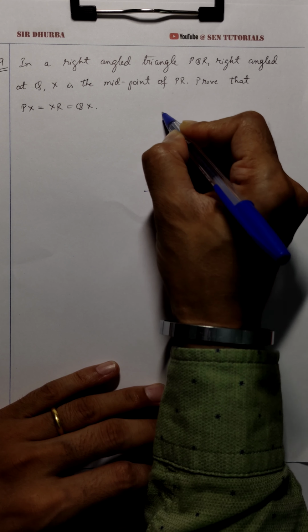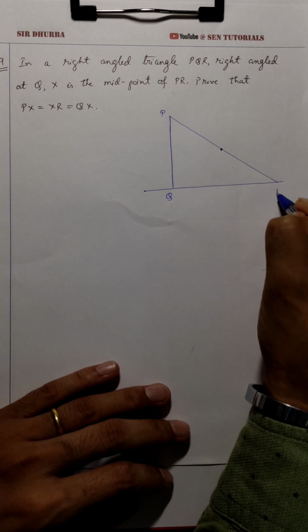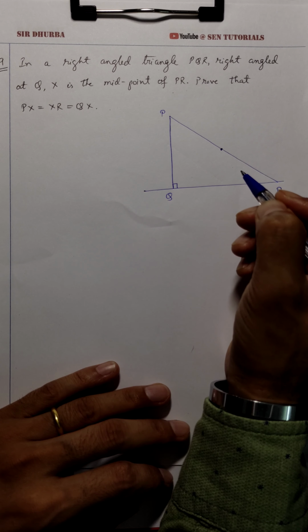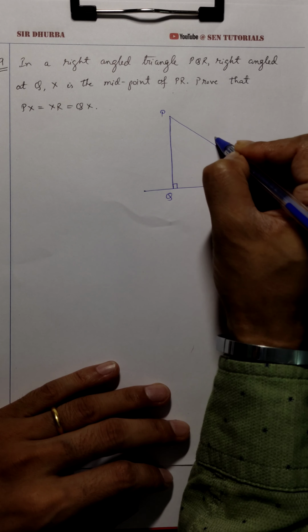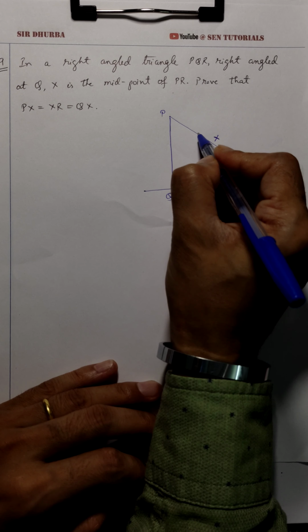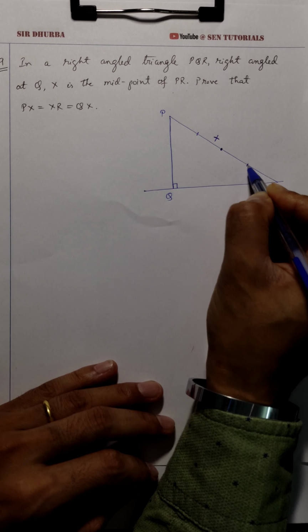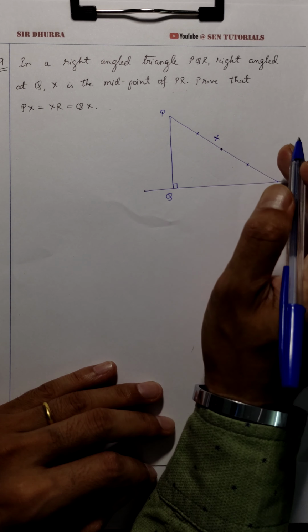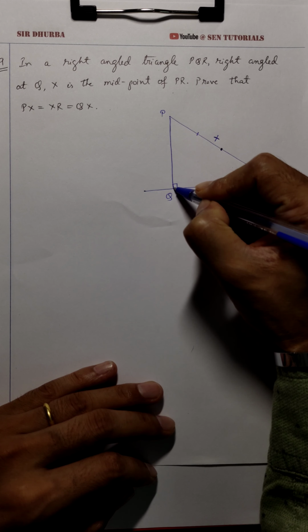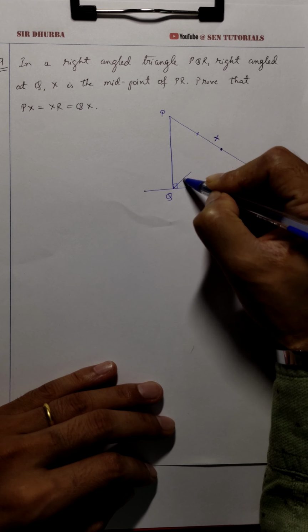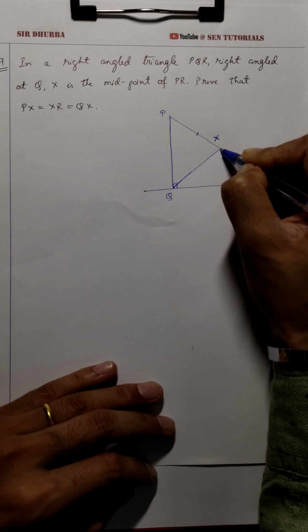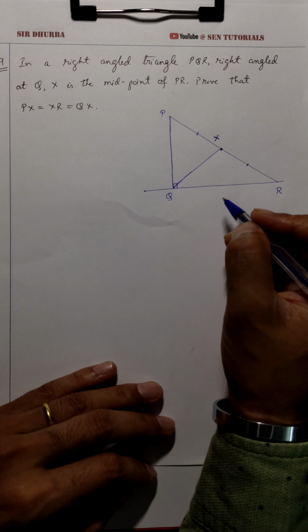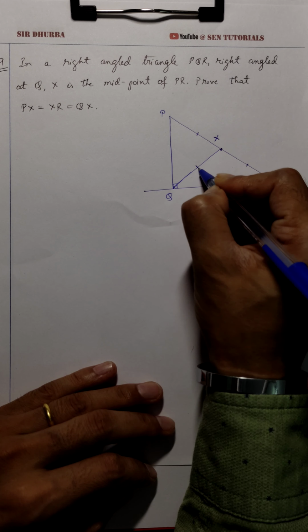So PQR is right angled at Q, X is the midpoint, so then PX is equal to RX. Prove that PX is equal to RX equal to QX. So of course we will have to join QX. We have to prove that these three sides are equal.